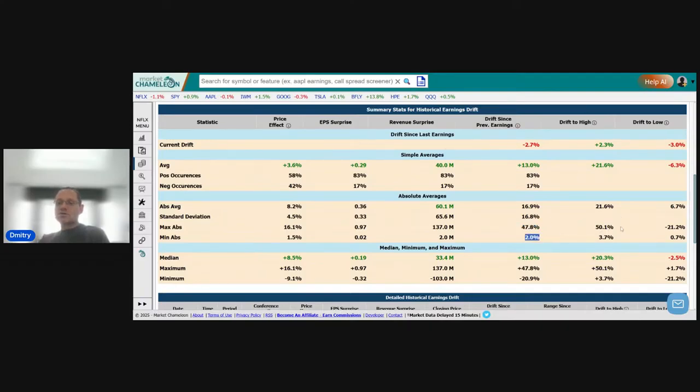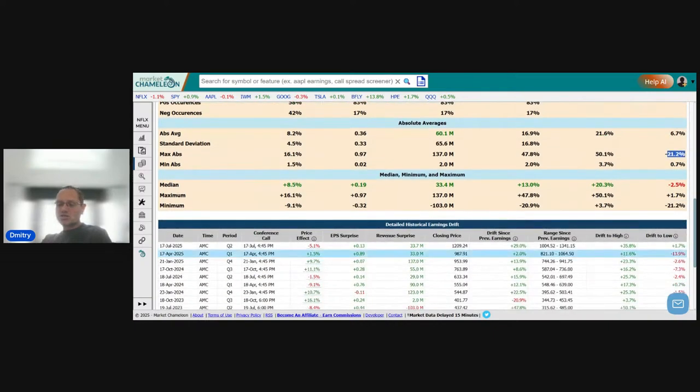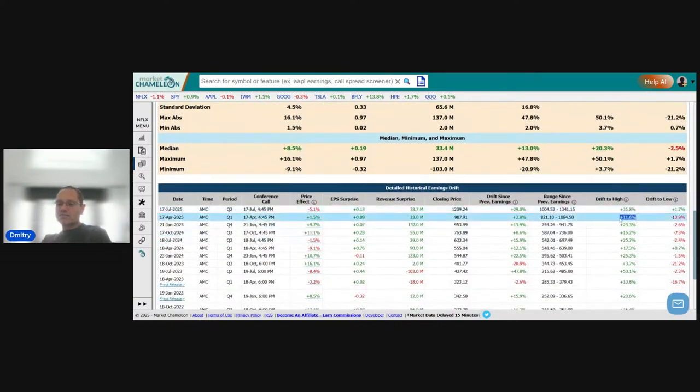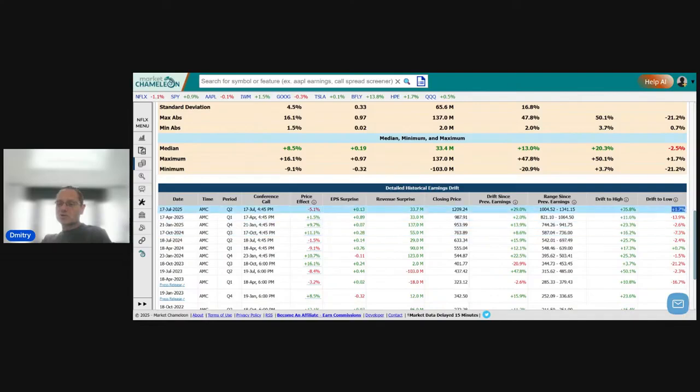The biggest drift to the high was up 50%. To the low, down 21%. So if we look at all our historical range, these are the drift to the high, and these are to the low.